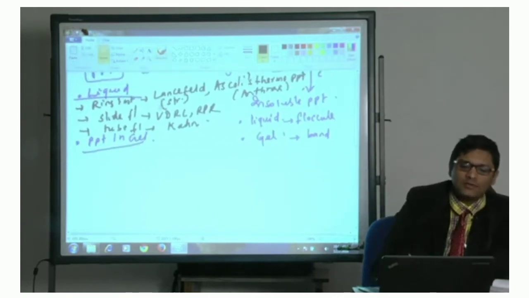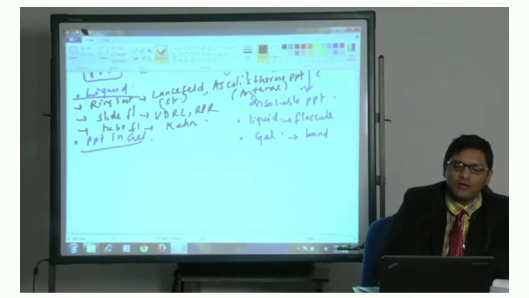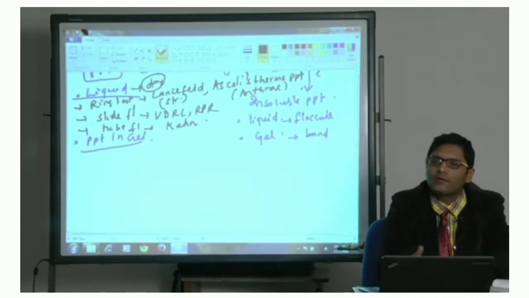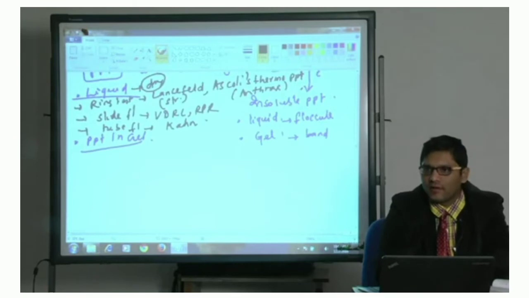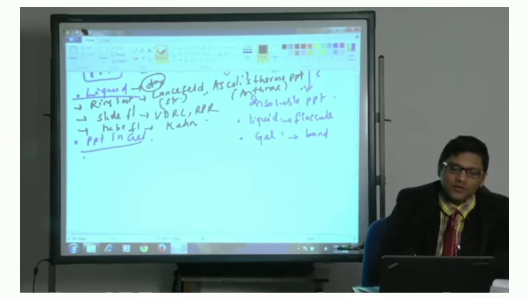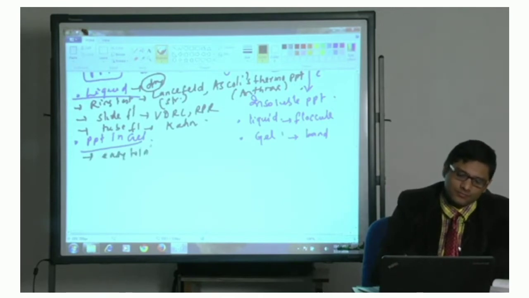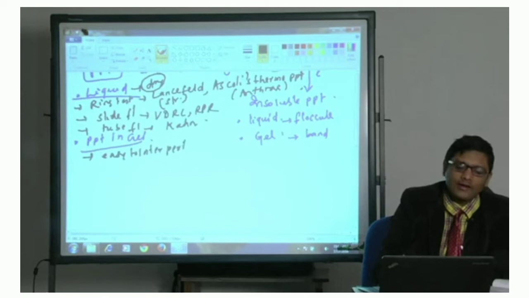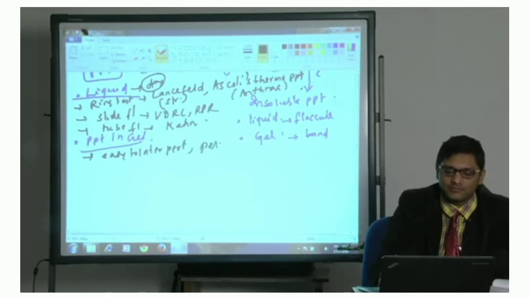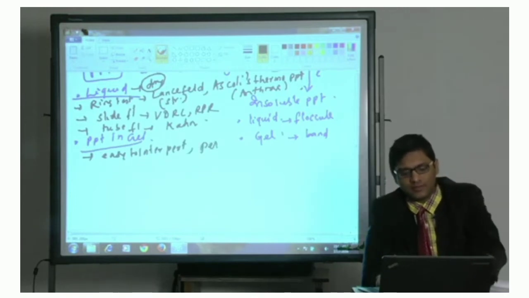Precipitation in gel. What is the problem of liquid medium? Liquid medium will become dry soon. You cannot preserve it for a longer time, and it is also difficult to interpret the flocules. Whereas if you use a gel-containing medium, it is easy to interpret, and it can also be preserved. Preservation is possible.